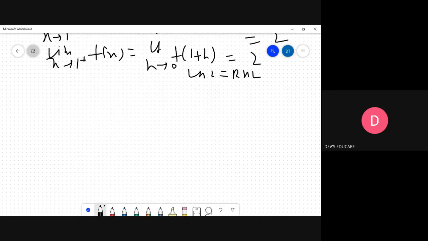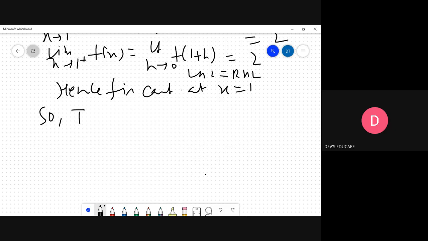Hence, f is continuous at x equals 1 also. So the final statement is there is no point of discontinuity.